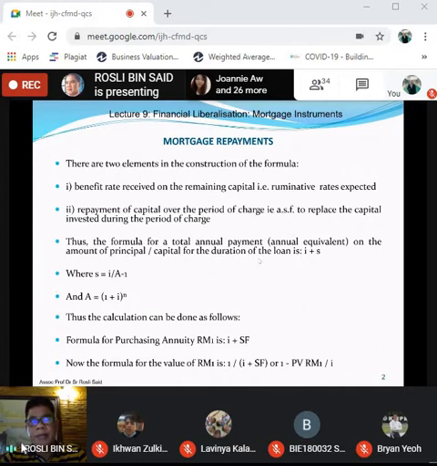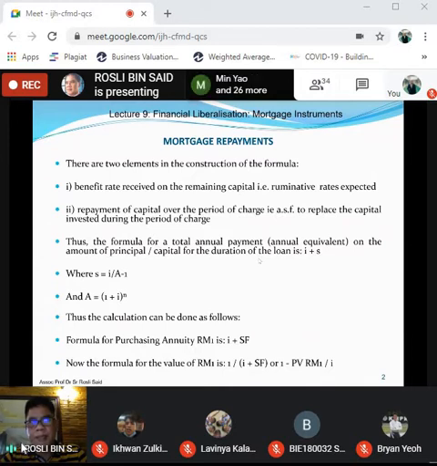That capital we must pay together with the interest rate charged by the financial institution, or the profit rate charged by Islamic institutions. So that's number one.